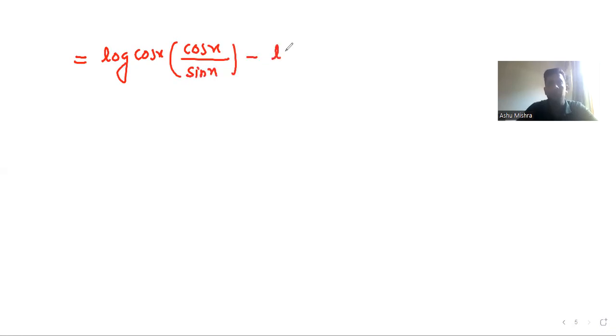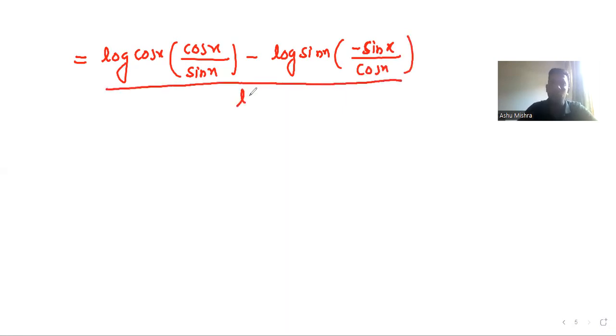That means you can say this will be log cos x, the derivative of sin is cos, so it will be cos x upon sin x, minus log sin x. The derivative of cos is minus sin, so this will be a minus sin x upon cos x, whole upon log cos x whole square.